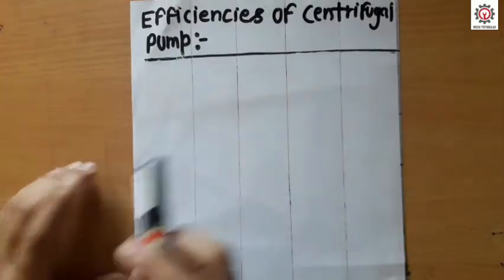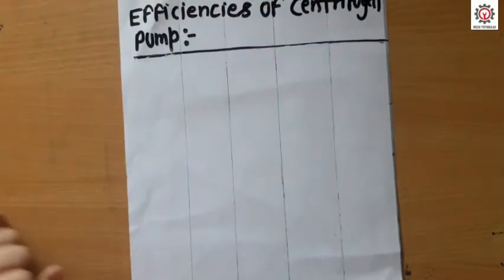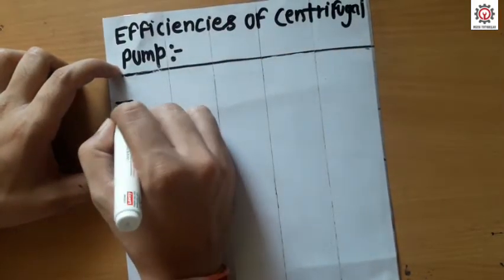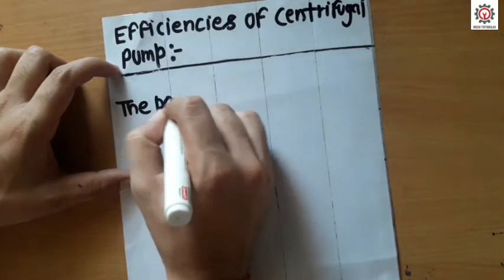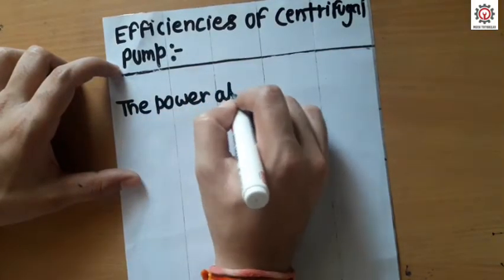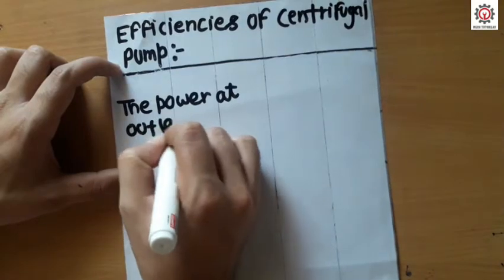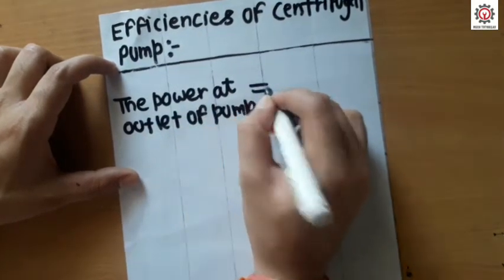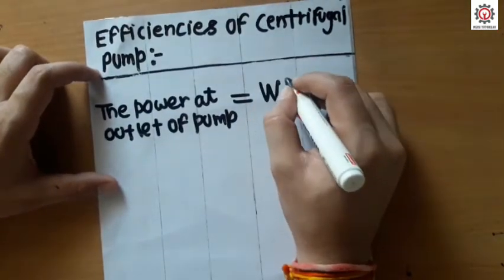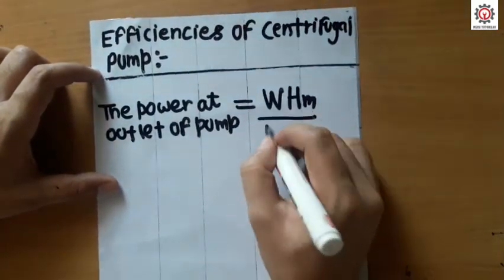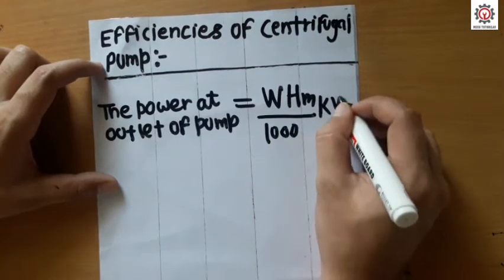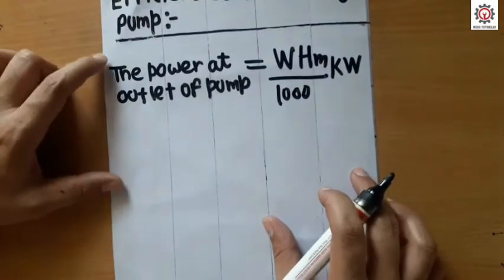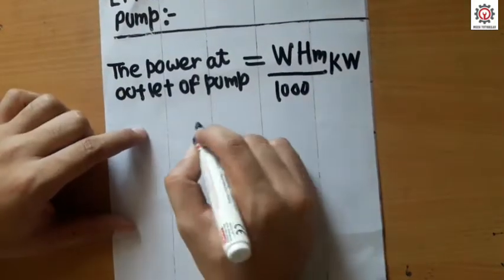We can derive this formula of manometric efficiency in another way. The power given to the water at outlet of the pump is equal to W, the weight of water, times the manometric head Hm, divided by 1000 for kilowatts. Power is represented in watts, but we are taking kilowatts, so we divide by 1000.